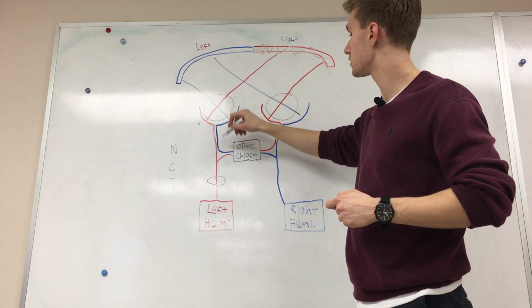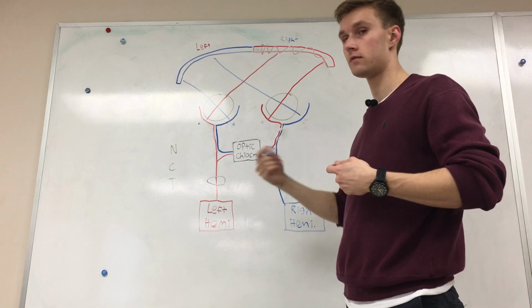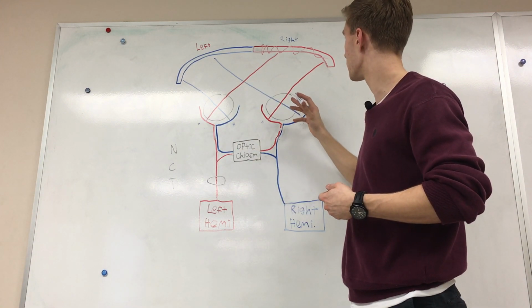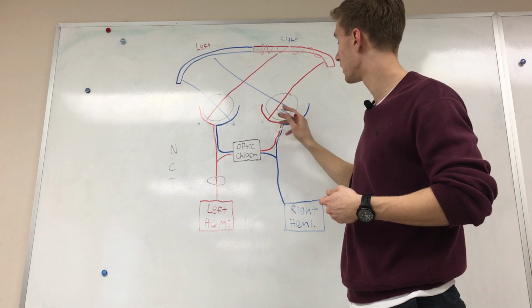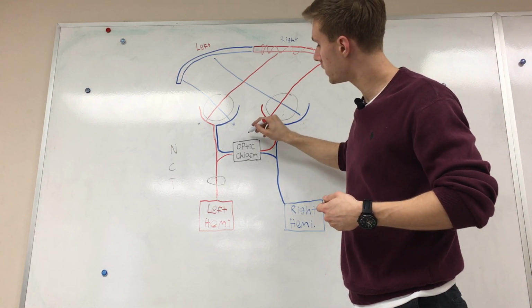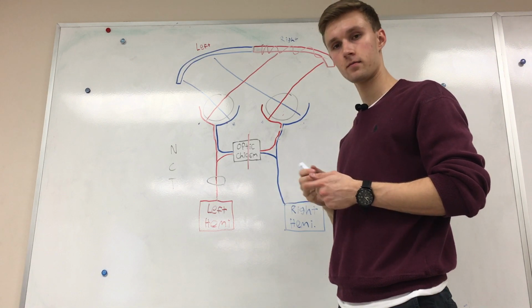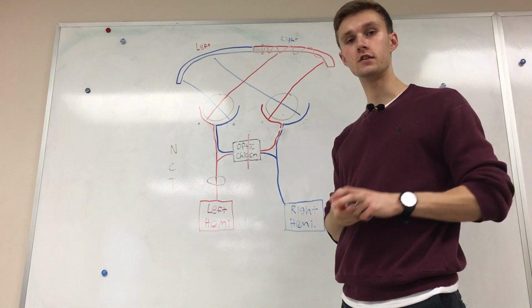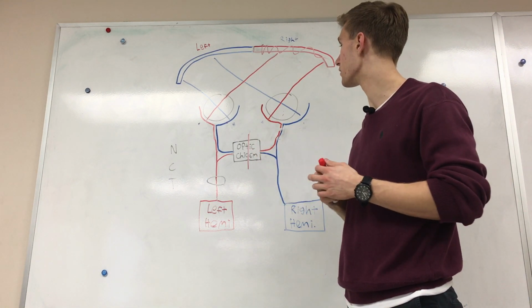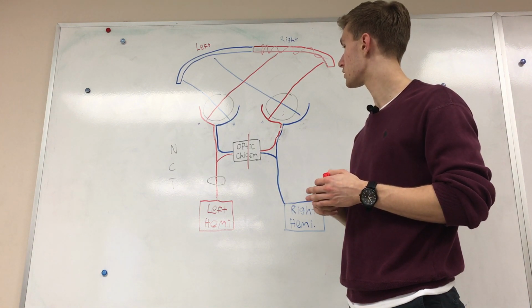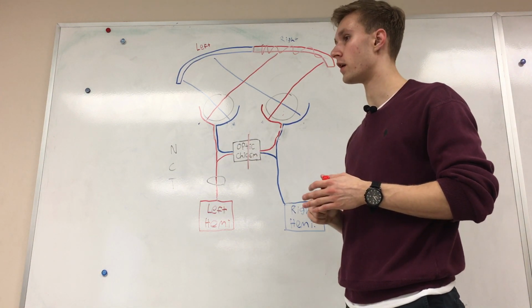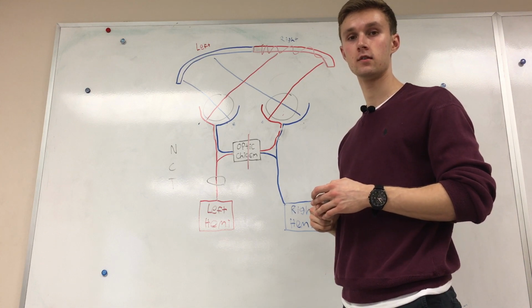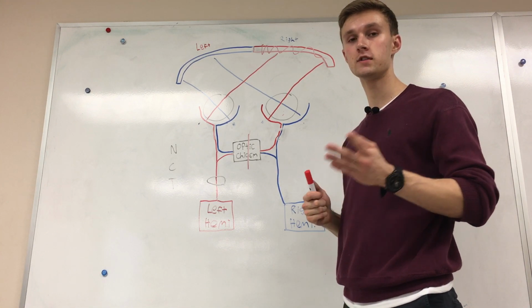So we have the left nasal comes to the right side, etc. We see the same for the right side. But what if we just cross that out? Think to yourself, what would you expect to see here? So both nasal retinae have been damaged. I'll give you a second to think.